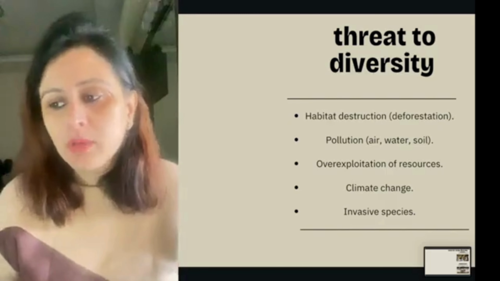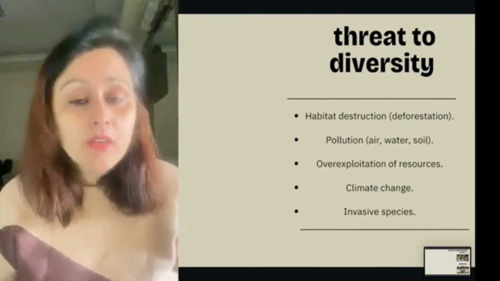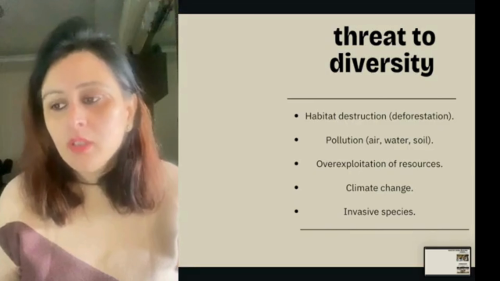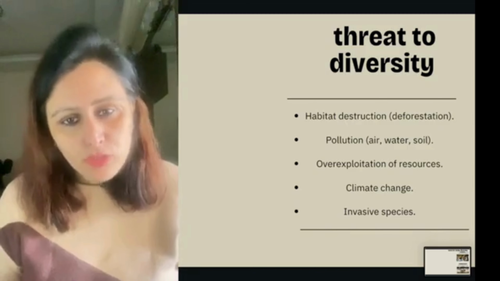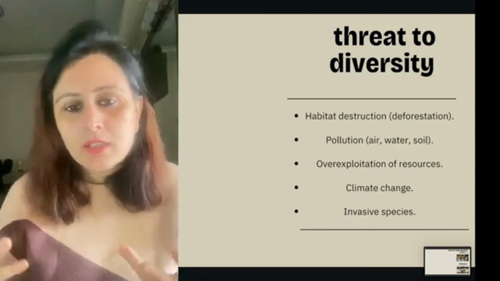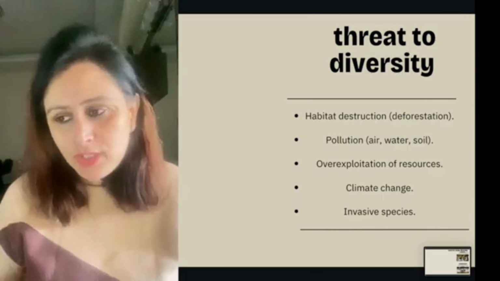Now threat to diversity. अब diversity को कोई threat है? Definitely yes. We have seen over the period of time the diversity is under threat. Number one, the destruction of the habitat. Suppose there is a forest and there is a deforestation, right?